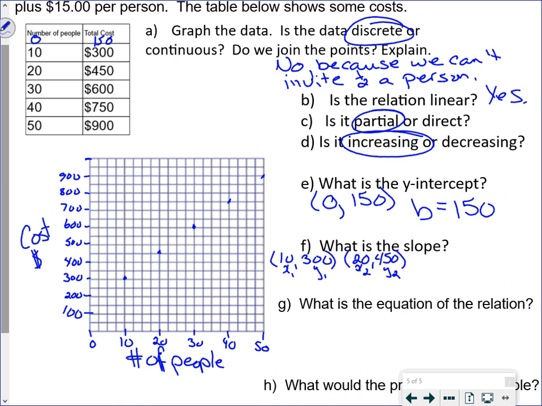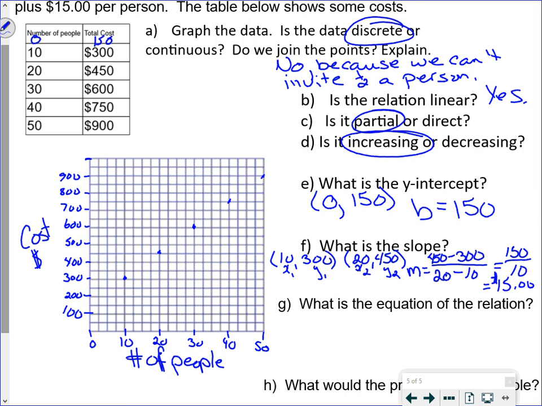When I calculate the slope, we'll start with our y2 of 450, take away our y1 of 300. We'll divide this by x2 of 20 minus x1 of 10. So when we calculate this, 450 minus 300 is 150. 20 minus 10 is 10. So 150 divided by 10 is $15.